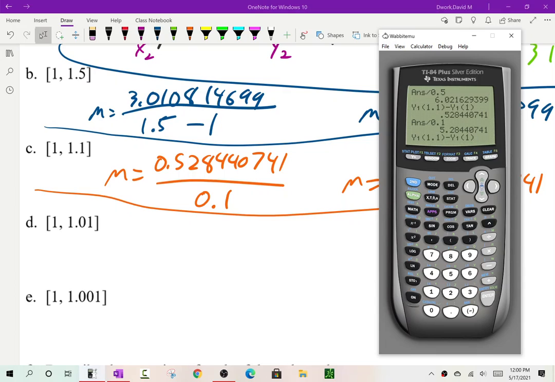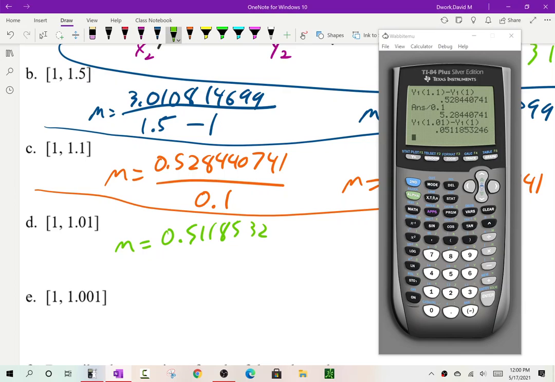All right, so I just did second enter, and now I'm going to go back over here and say, okay, I want to type in 1.01. Notice above the delete in blue writing are the letters INS. That stands for insert. So I'm going to go second insert 0, and that lets me insert that extra decimal place that I need. This is going to give me the slope of 0.511853246 divided by 1.01 minus 1.